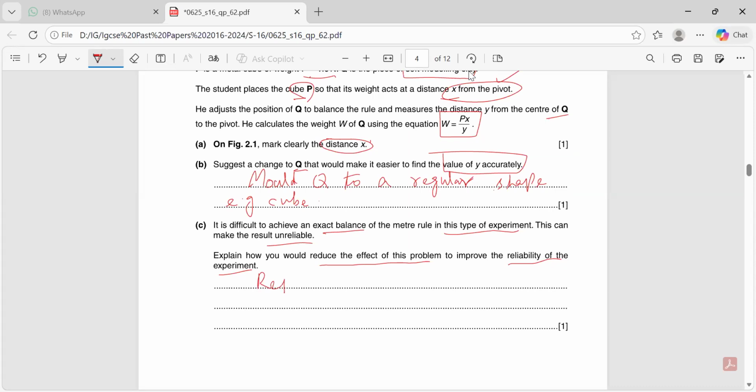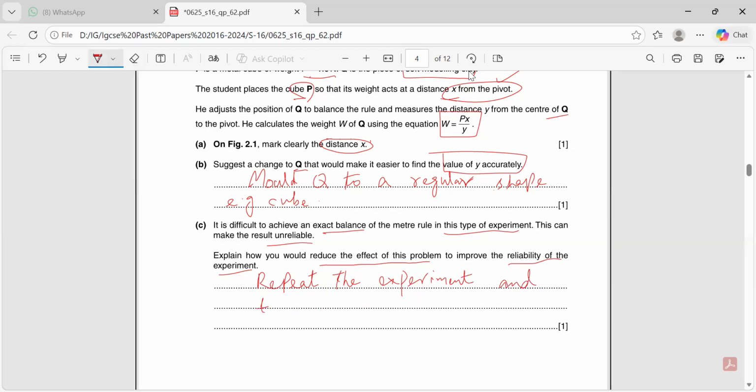So average result: repeat the experiment and take the average.